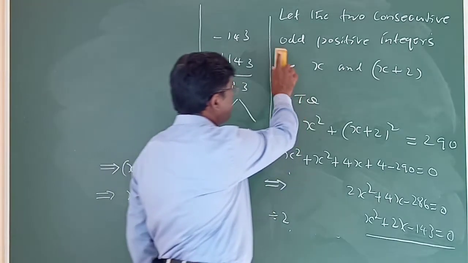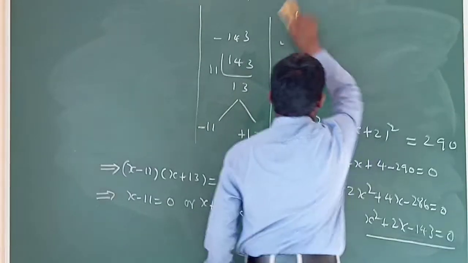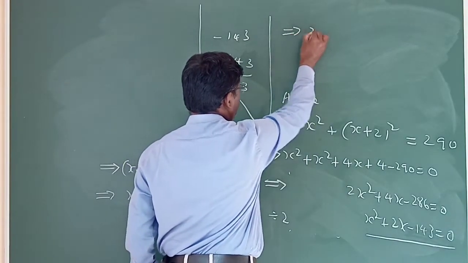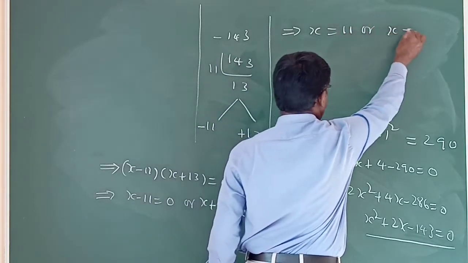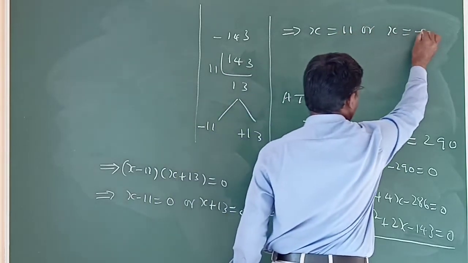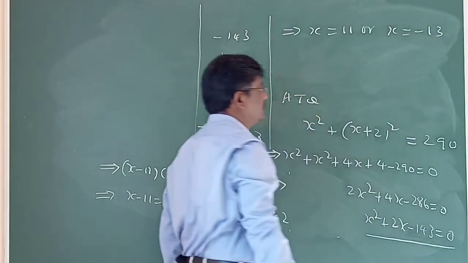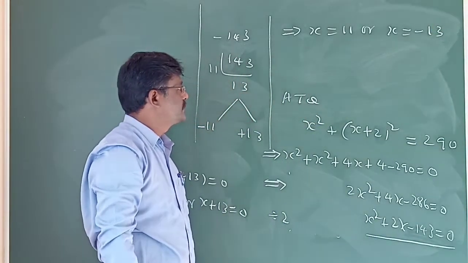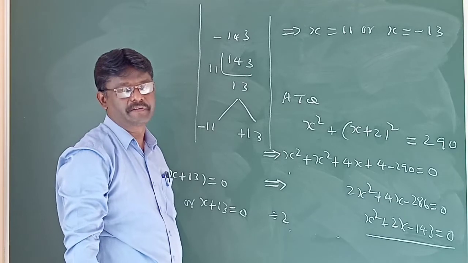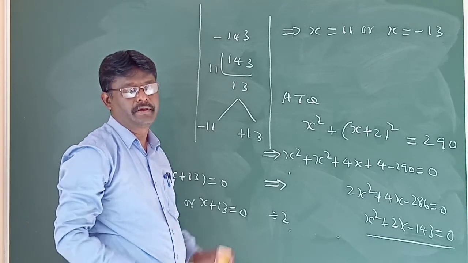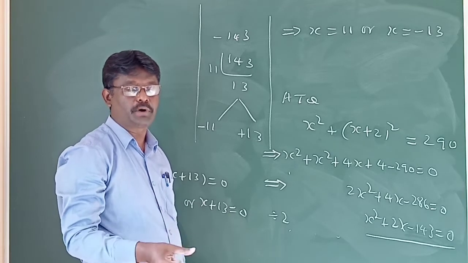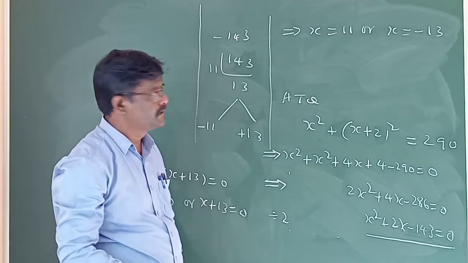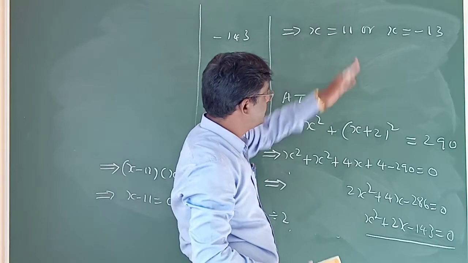Now this implies x equal to 11 or x equal to minus 13. Here, the values of x are 11 and minus 13. What's our target? We have to find the two consecutive positive integers. Hence, consider the positive one.